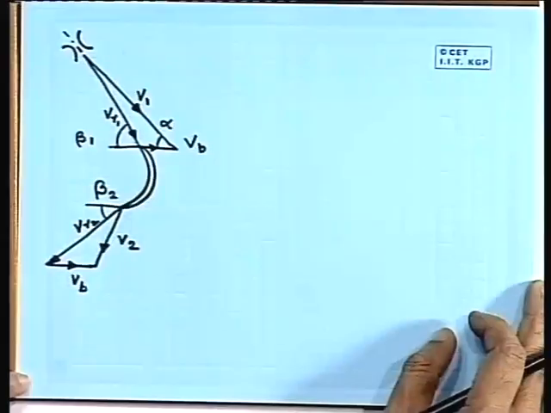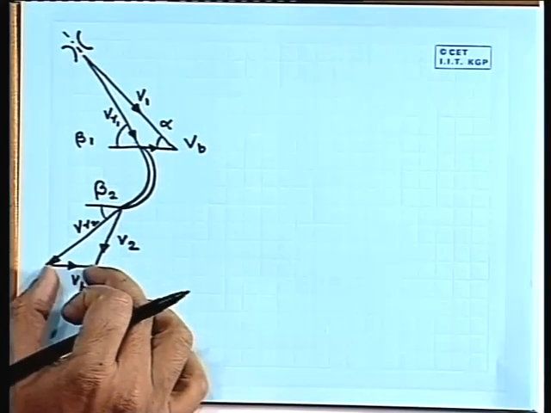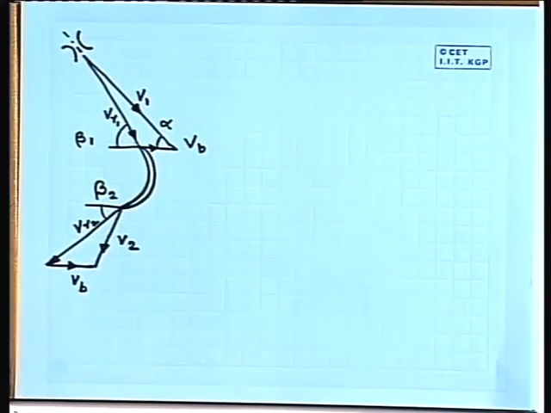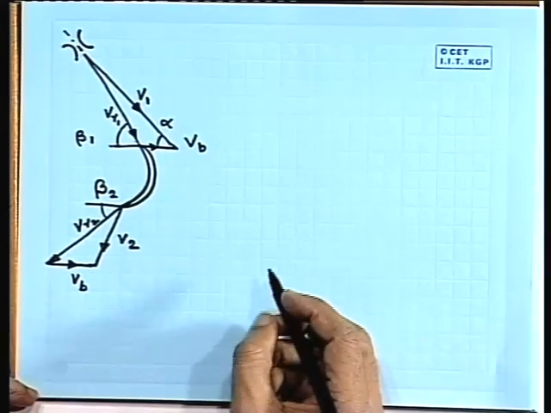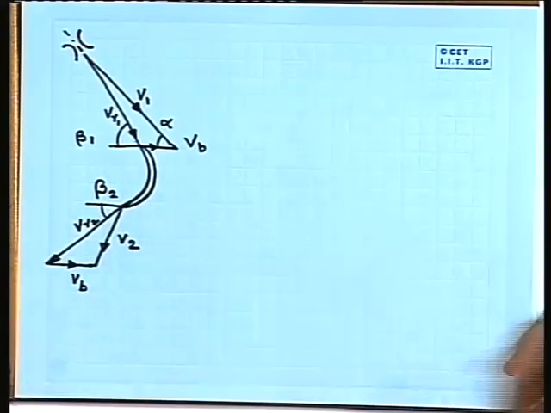Now, these two triangles can be superimposed over one another because they have a common component, that is Vb, and if we do that, then other analysis will follow from that combined velocity diagram. So, the combined velocity diagram can be drawn like this.